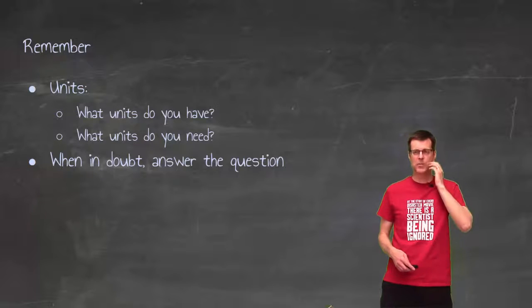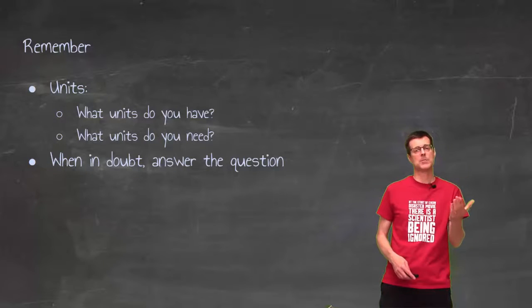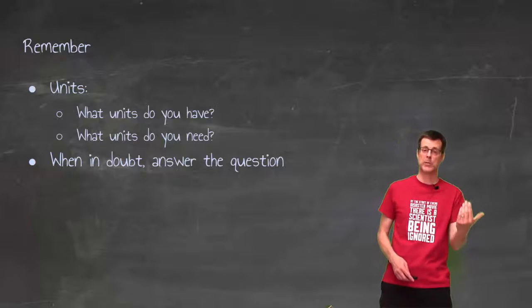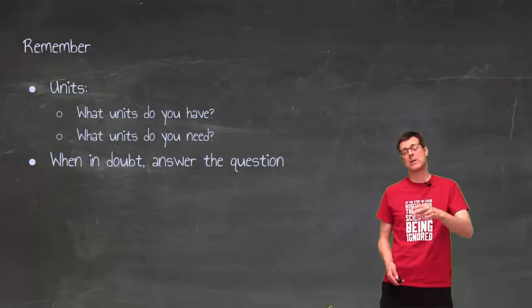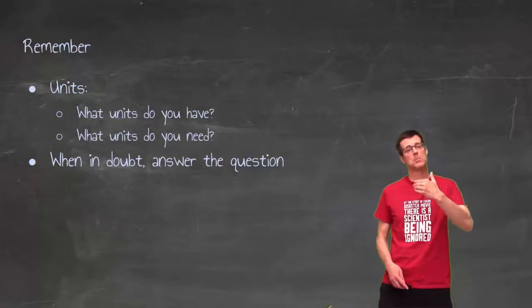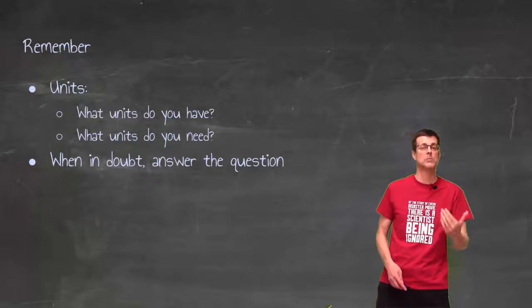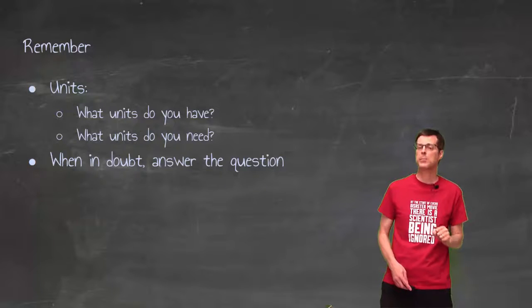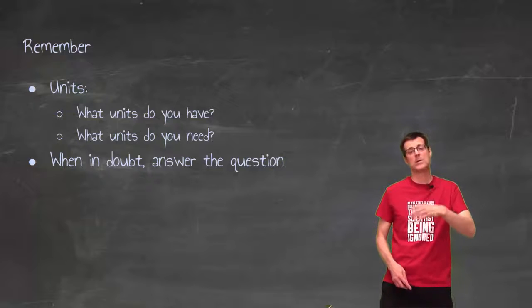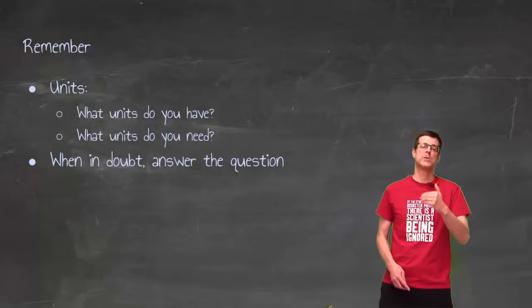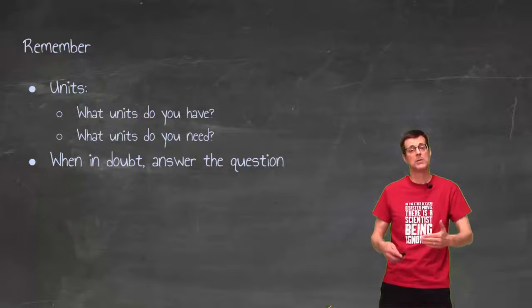A couple things to keep in mind. Number one, I cannot substitute milliliters for grams. Doesn't work. Second thing is I cannot substitute moles where I require moles per liter, particularly in a pH formula, where the pH formula is negative log of concentration.